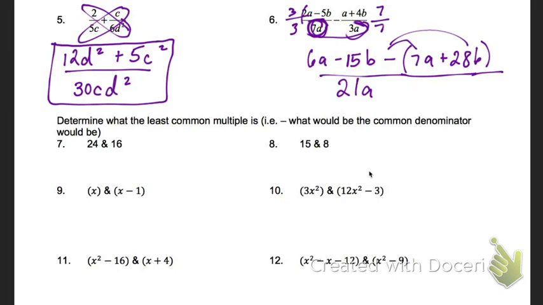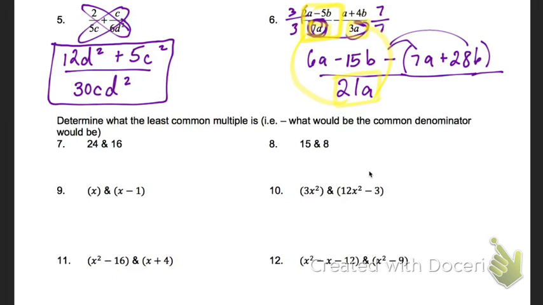So to turn this entire fraction to have a denominator of 21a, I need to multiply the whole thing by 3, because I'm trying to turn this denominator into this one. So that whole fraction gets multiplied by 3. Same thing for this 3a. I want to turn this denominator into 21a, so I multiply the whole thing by 7. So it's like you're trying to turn each individual fraction into the denominator.